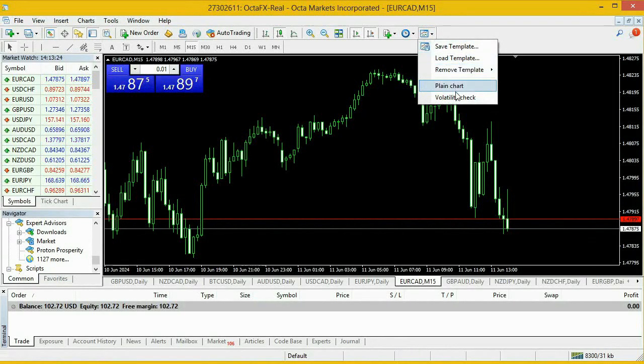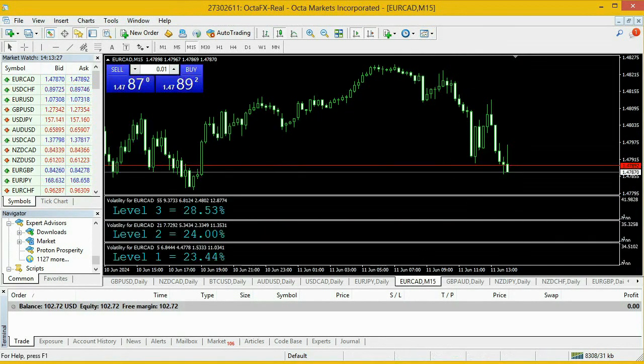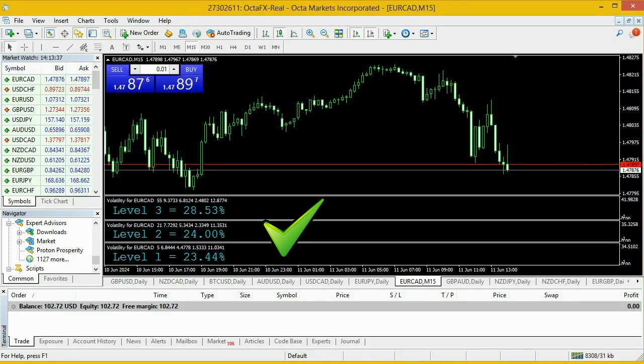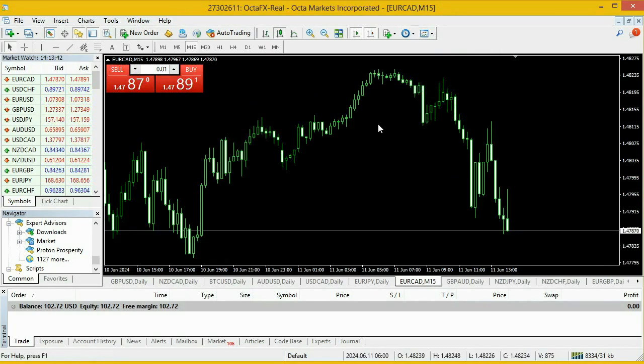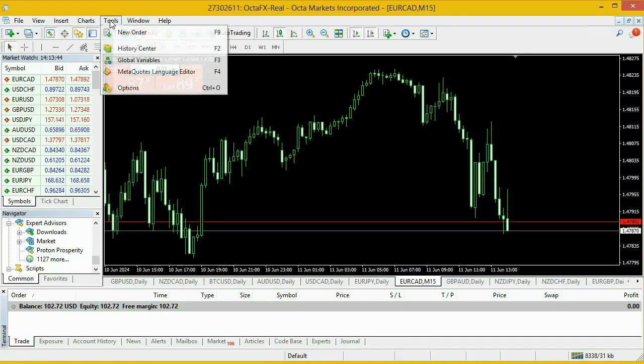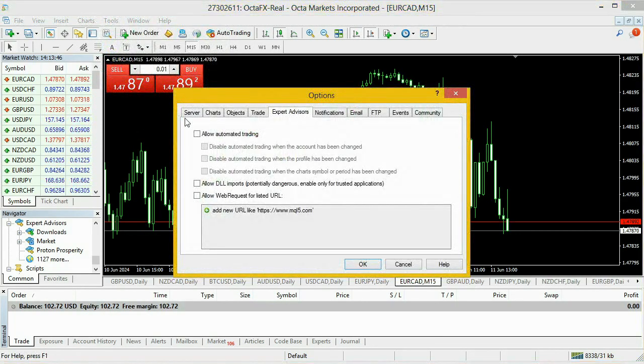First things first, we check for volatility, and we only continue when all volatility conditions have been met. Everything is good here. We need to turn auto trading on.